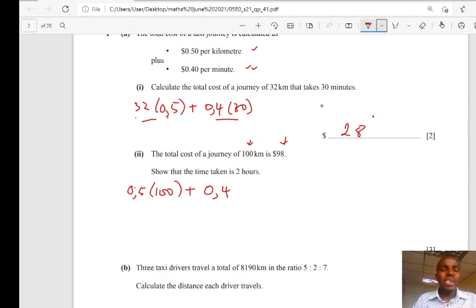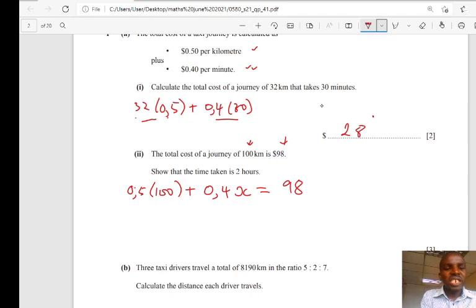We don't know the minutes, so we have to use any letter of the alphabet to represent these unknown minutes. So you can let the minutes be x. Then it equals the total cost, 98. You have formed your symbol equation. Now we just have to solve that equation.